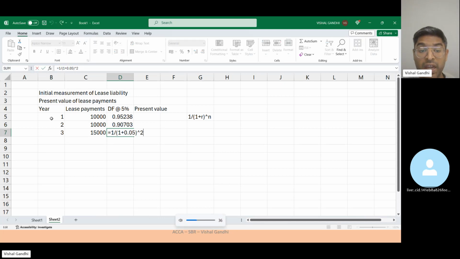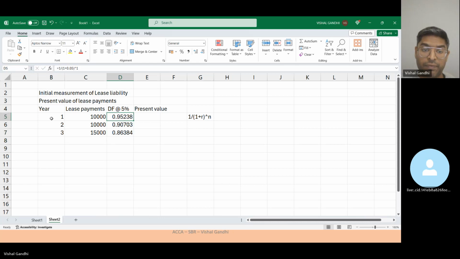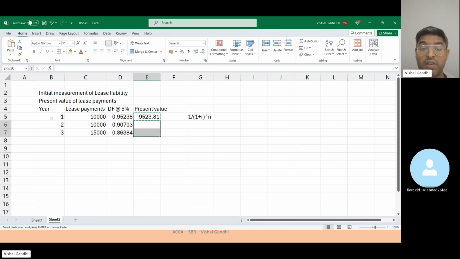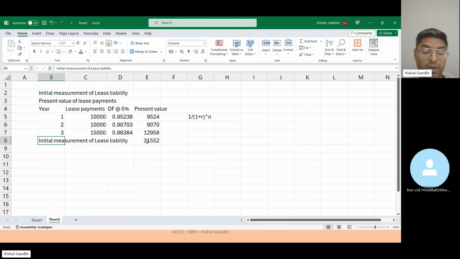Then I copy this and change it to raised to 3. And then we will multiply this into this. If I copy these formulas, it multiplies, and the total comes to 31,552 rounded off. So this is our initial measurement of lease liability.